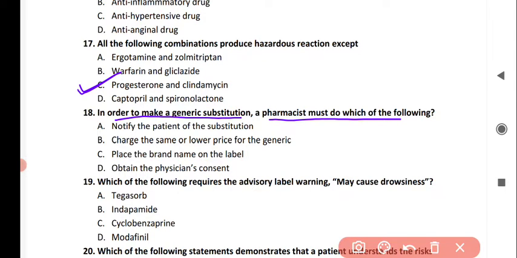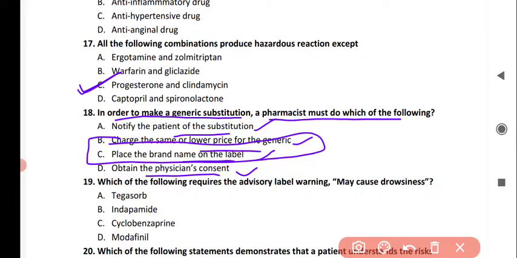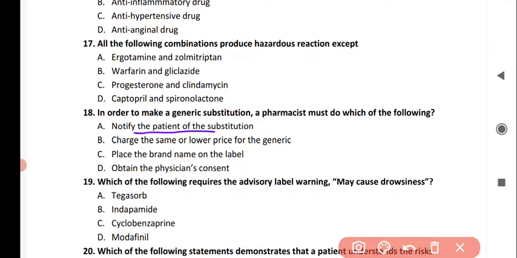The options are notify the patient of the substitution, charge the same or lower price for the generic, place the brand name on the label, and obtain the physician's consent. Options B and C are not to be followed at all. So the main options are option A and option D.